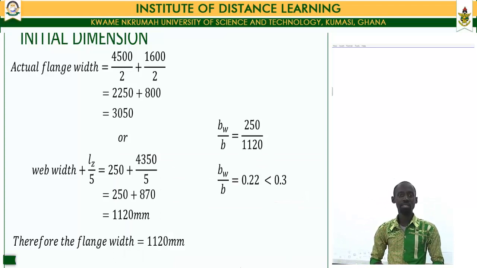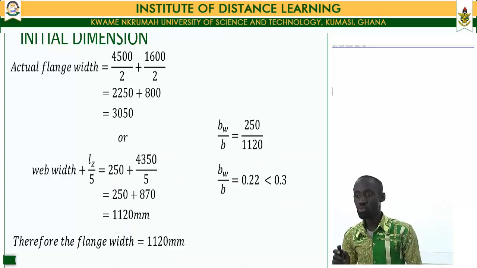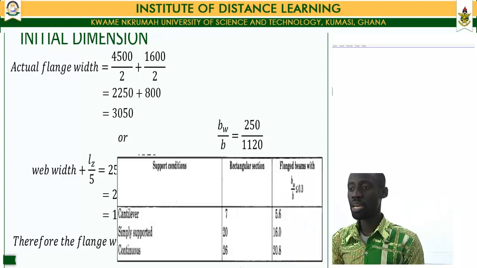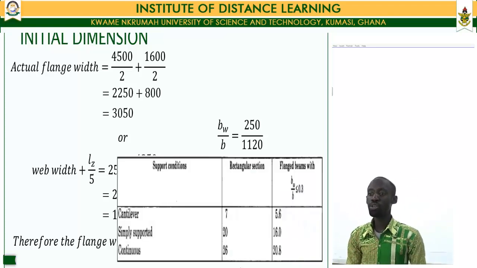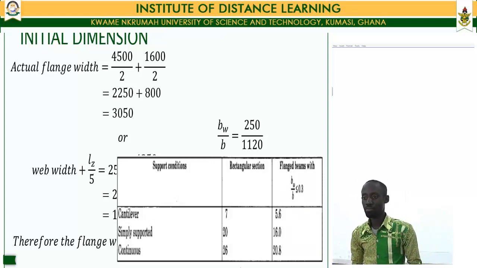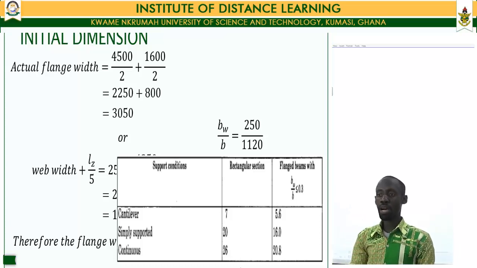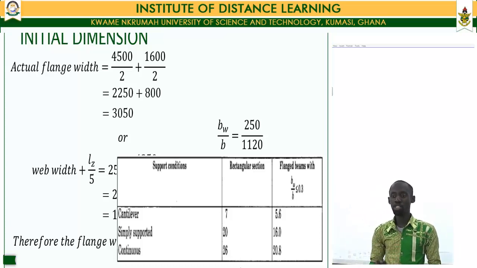And from the calculations that we've just gone through, we realize that the ratio is 0.22, which is less than 0.3, meaning that we can rely on that table to find our initial dimensions. Since the ratio is less than 0.3, it means that we can go and read the values within that column.